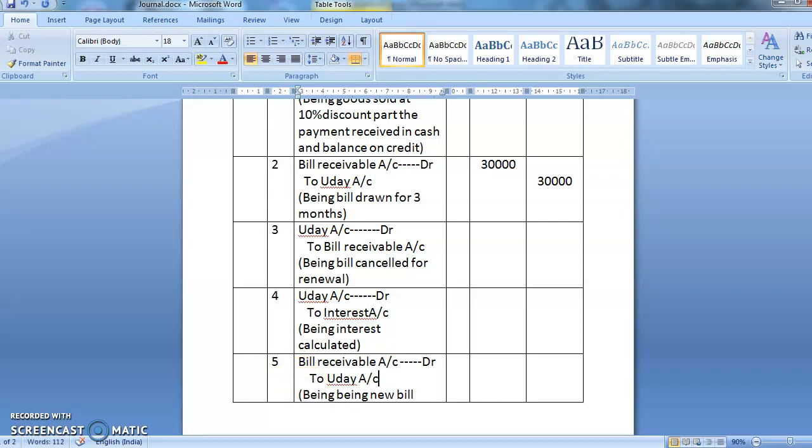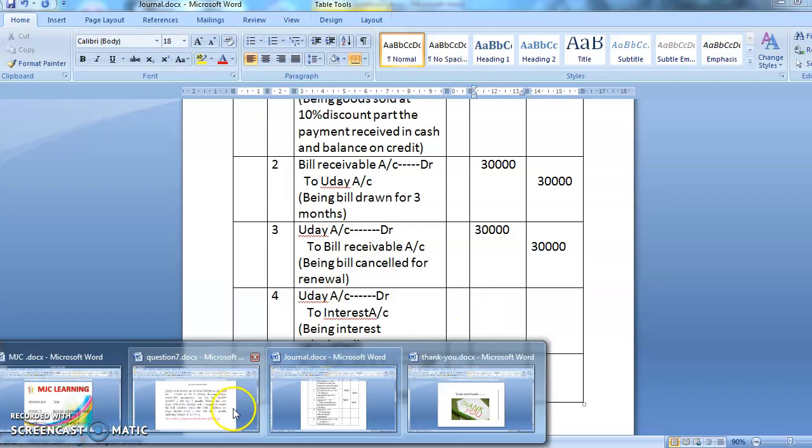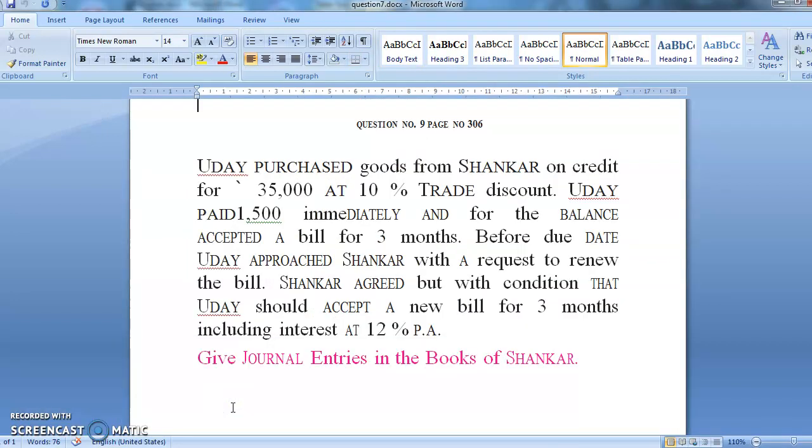The bill was of 30,000, so the cancellation will also be of 30,000. Now interest, is interest given to you directly? No, they're saying 12% per annum for 3 months.